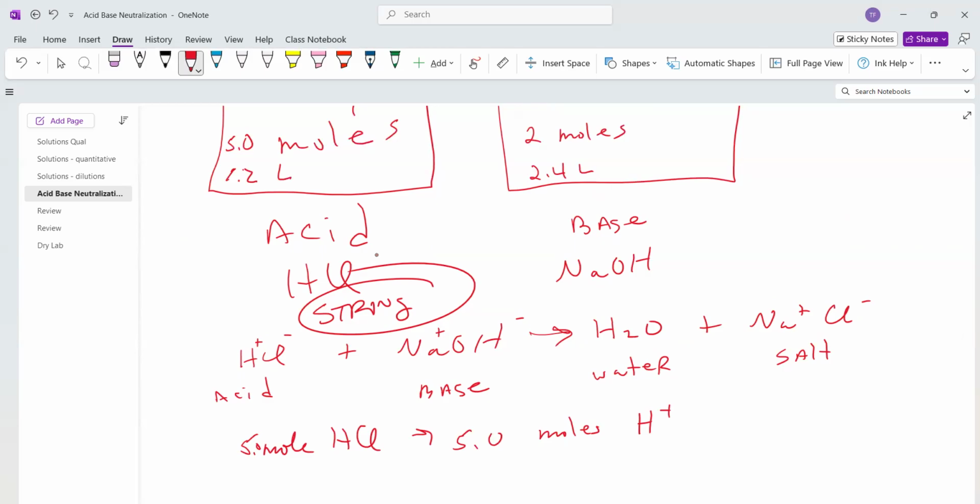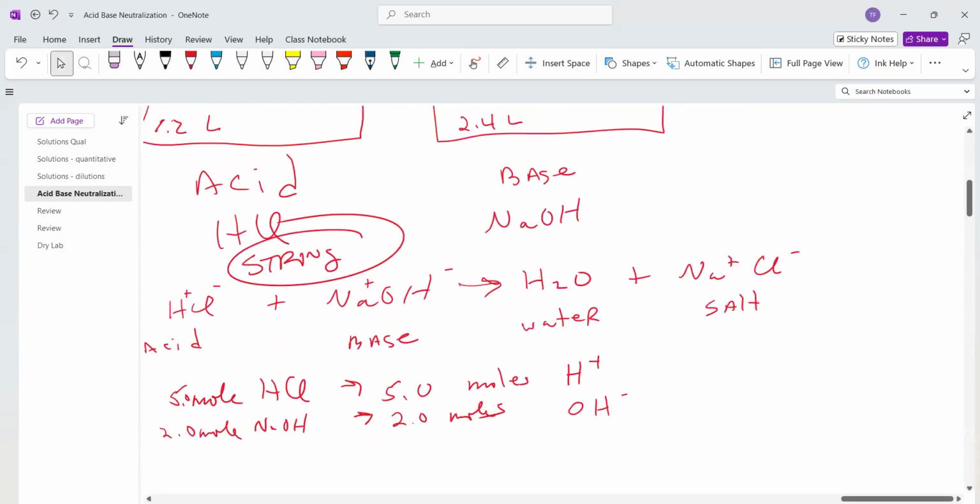And we have 2 moles of sodium hydroxide. How many moles of hydroxyl ions do I have? 2, 1 to 1. Okay, what is the ratio of H and OH?